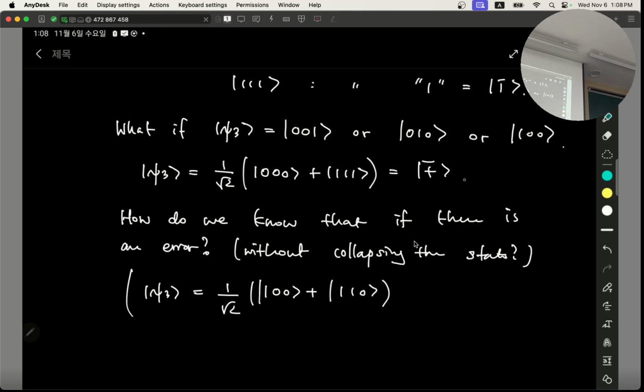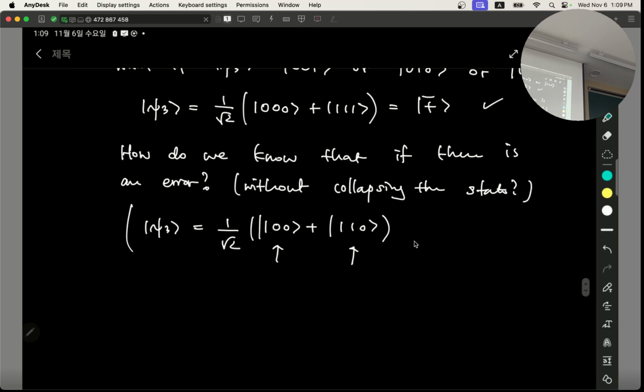If my quantum state was in the ideal plus state, then the measurement is all zero or all one. But if I take a measurement and see 100 or 110 in a quantum state where an error has occurred, then I don't know what to say. I don't know whether an error occurred, which part was the error, or how to correct those errors.